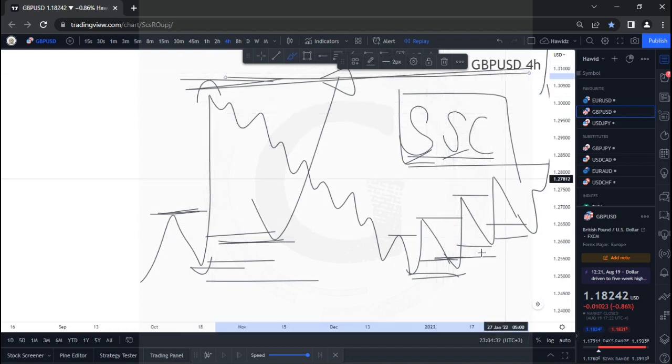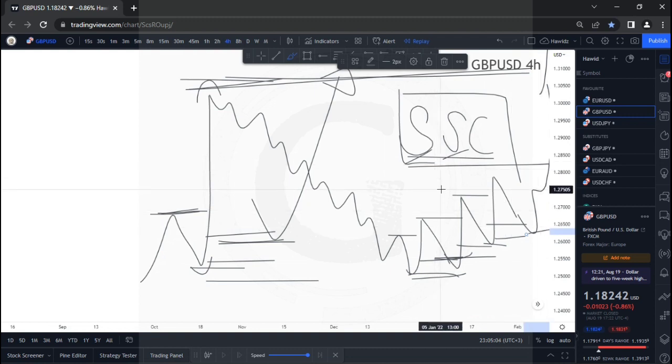Now, why did I say these three times? Because more often than not, when price is shifting, it's going to make the first break, which will be the change of character, the second break, which will be the break of structure, and the third break. After these three breaks, each break gives us an entry. That's why I said this would have been your entry 1, entry 2, and entry 3 if you're looking to enter in both areas.